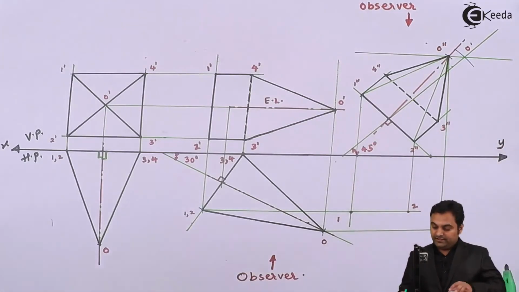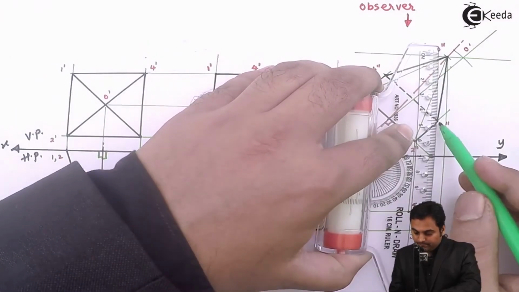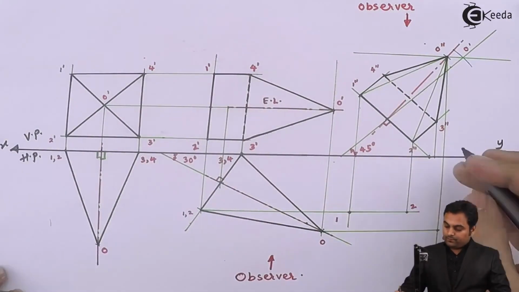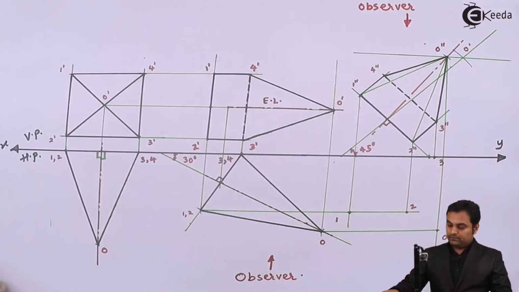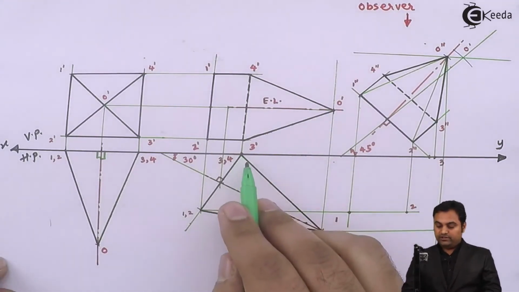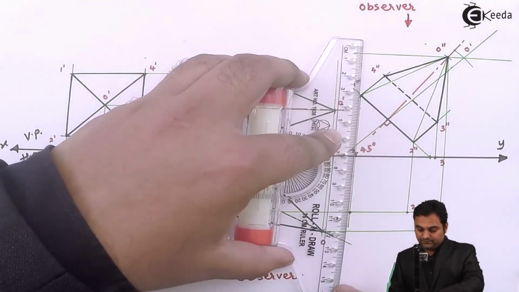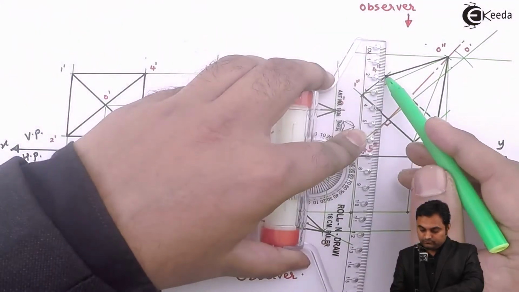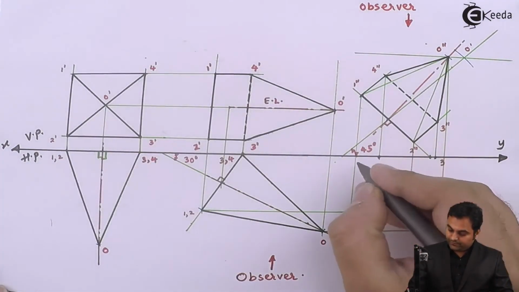So here I'll take the projection of point 3 double dash. So this is point 3. Next, point 4 is on XY line again. So projecting 4 double dash, which gives me point 4 here.